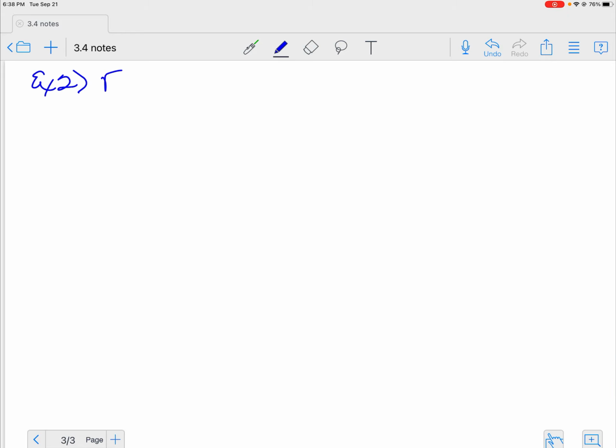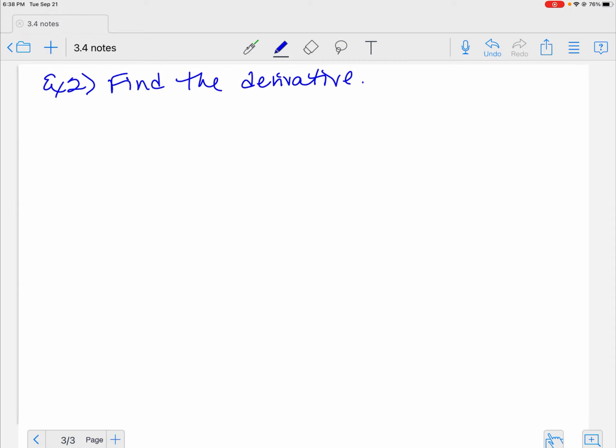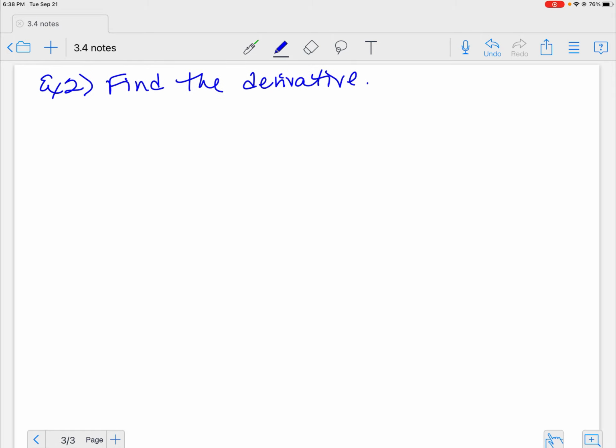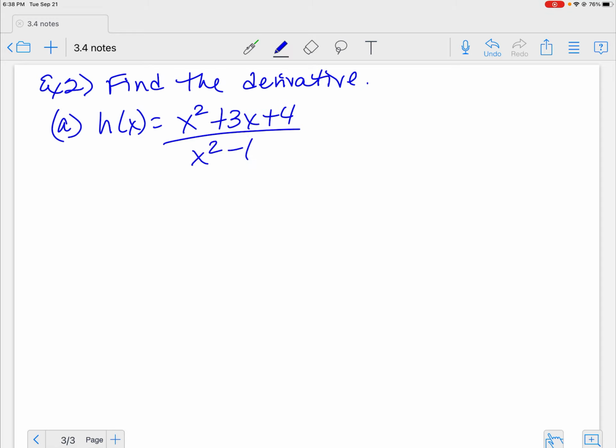Here's example 2. Find the derivative, of course. And this is just another process you have to know. The quotient rule is just another process. Practice it enough that you'll get it down. Now for this problem, h of x is equal to x squared plus 3x plus 4 over x squared minus 1.